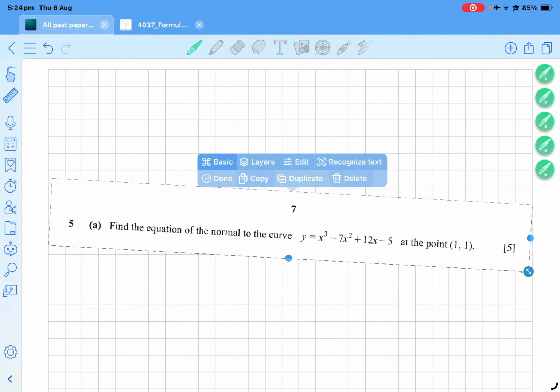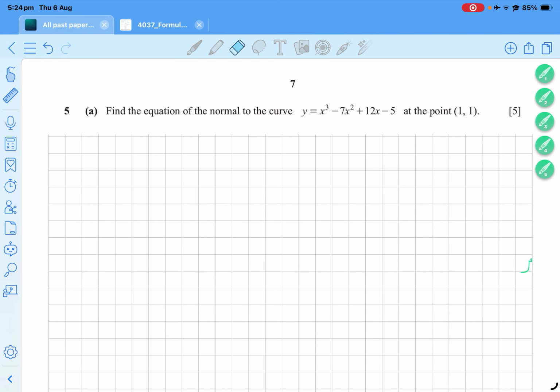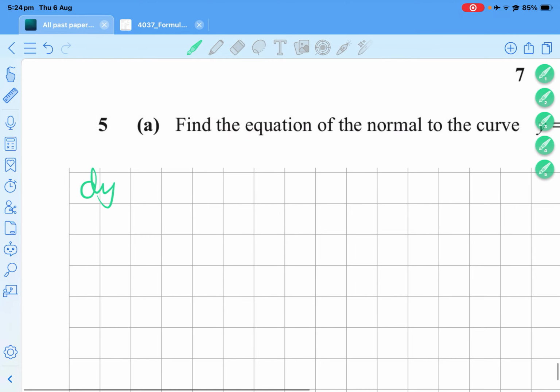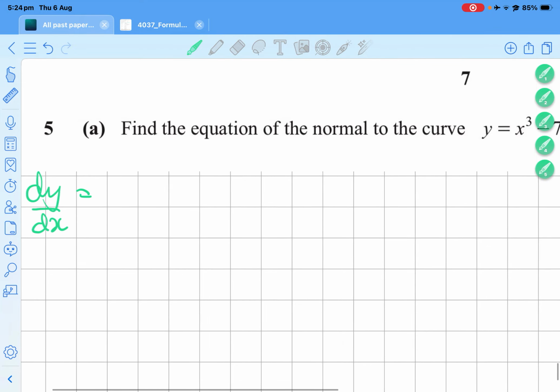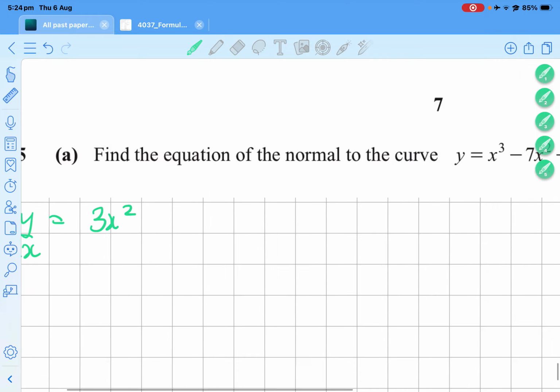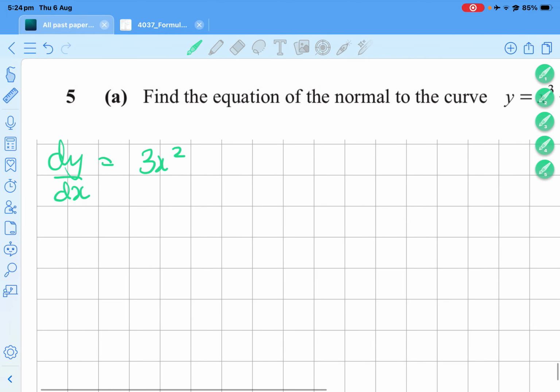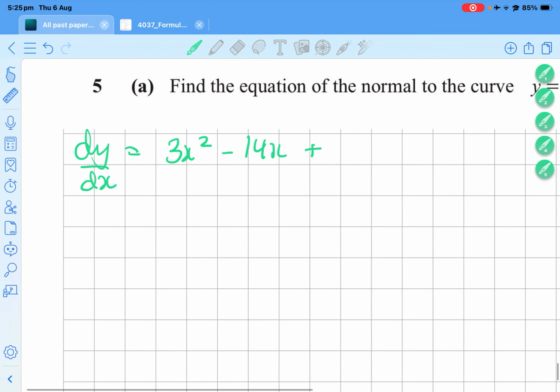Find the equation of the normal to this curve at this point. To find the normal, you just need to take dy by dx. I'm going to explain the steps. The first step is to take dy by dx. That will be 3x squared, and then 7x squared differentiates to 14x, and 12x differentiates to 12, and any constants differentiate to 0.